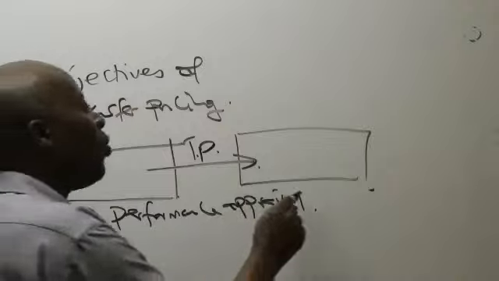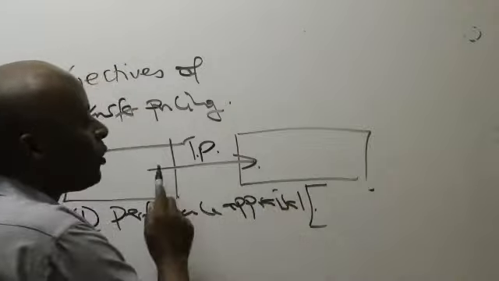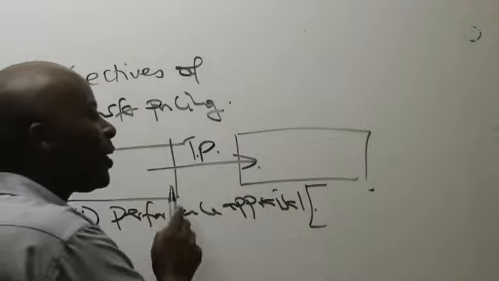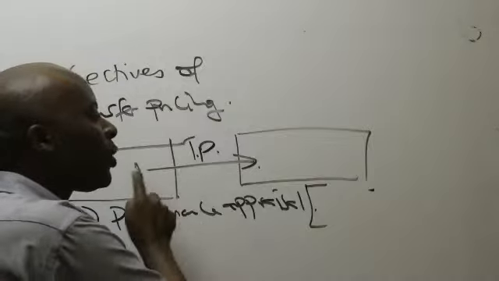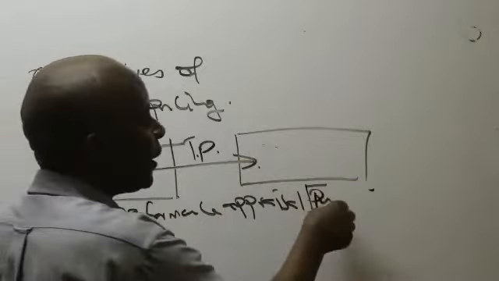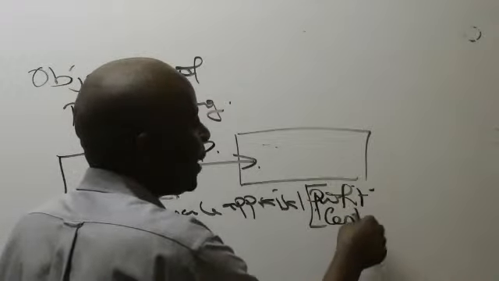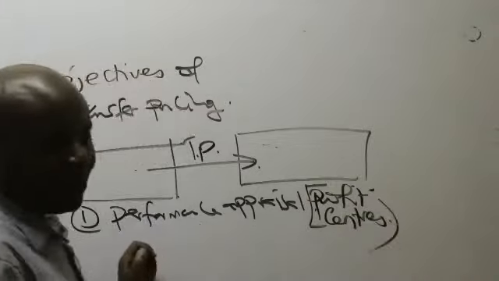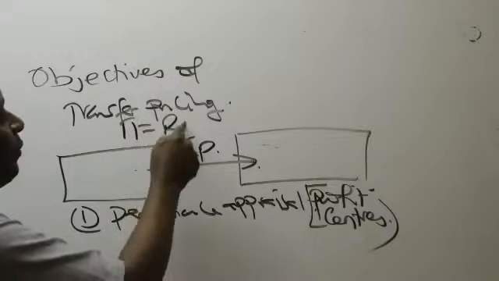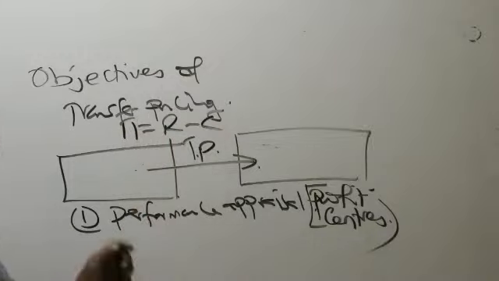Performance appraisal. Why is this a very important point in transfer pricing? It's because transfer price is able to change all these departments to profit centers. Remember, profit equals revenue minus cost.